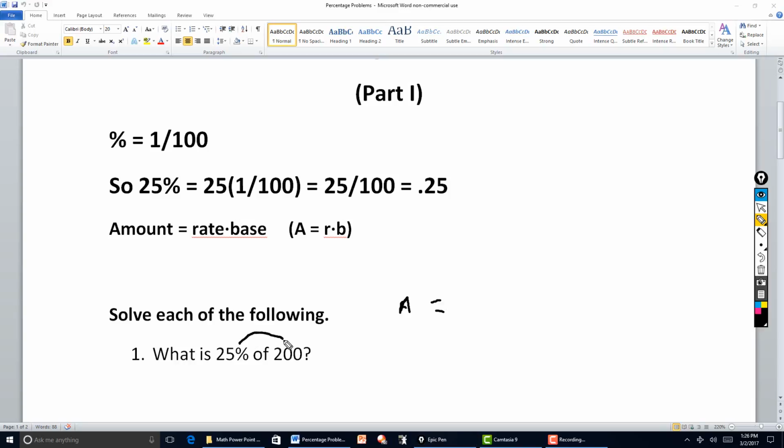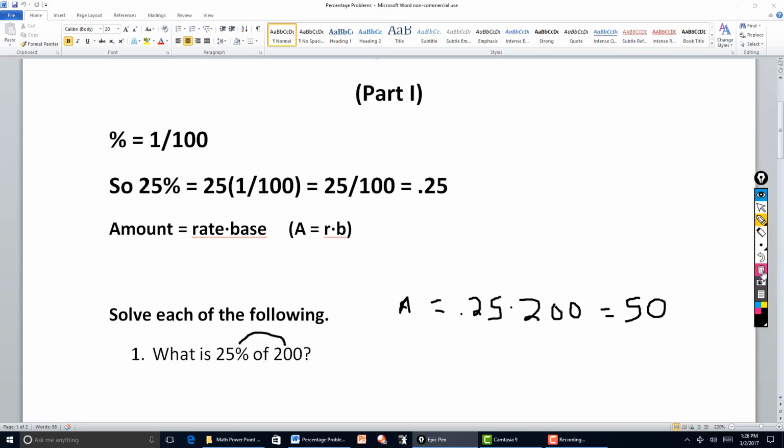These two are connected by the word "of," which means just multiply. So again, I have to write this as 0.25, because I'm going to do a calculation, and then times the 200. Multiply this out, and I get 50. So 25% of 200 is equal to 50.